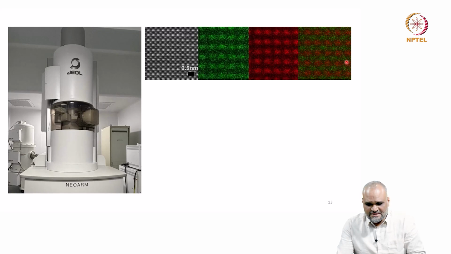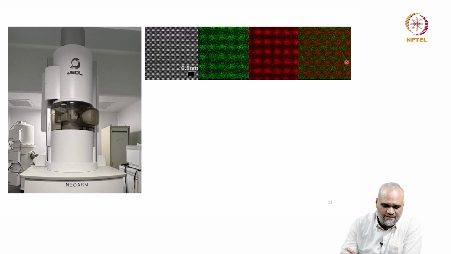And like I was mentioning, with these microscopes, with the presence of a corrector, what you have also achieved these days is improving the gap between the pole pieces in the objective lens. And what does this do? You can bring in different kinds of holders where you can introduce various kinds of stimuli.